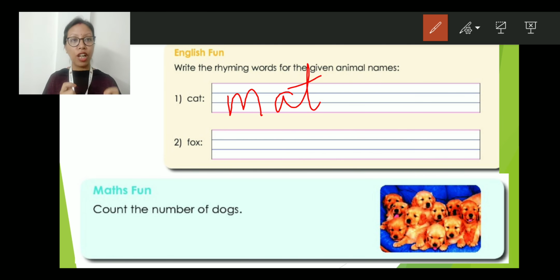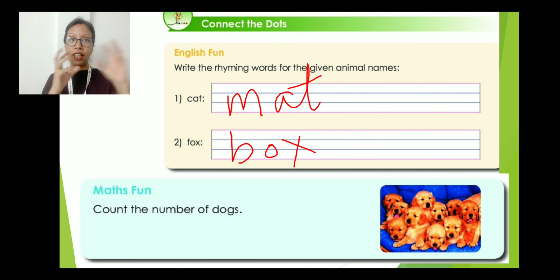So you have to write one more word. You can write only two words, that is enough. For the fox, you can write box. Fox, box. So these are the rhyming words. That means the last letters sound similar. Cat, mat, fox, box. So these are called rhyming words.